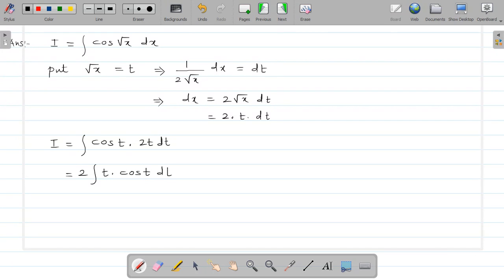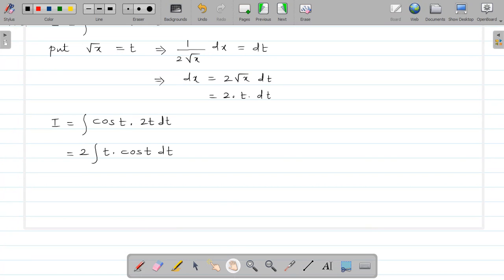So after the substitution of root x is equal to t, the original function is converted into the product of two functions. So that's why here we need the integration by parts rule.